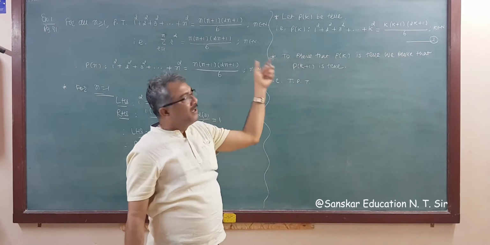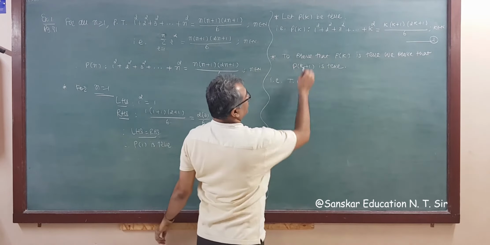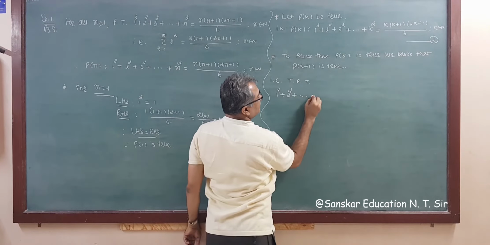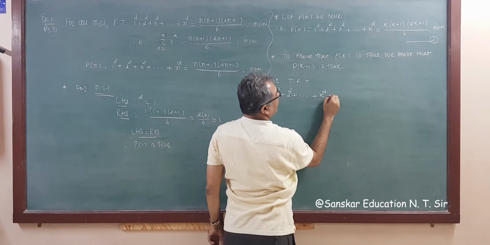What you have to do is write the left hand side of Pk as it is. So that is 1 square plus 2 square plus dash plus k square, right?